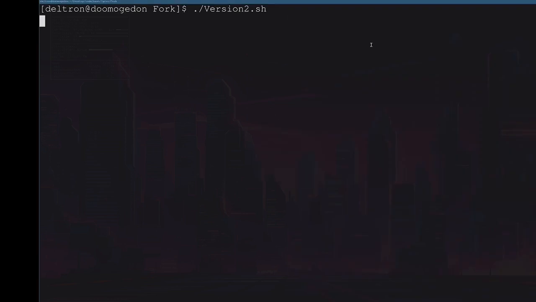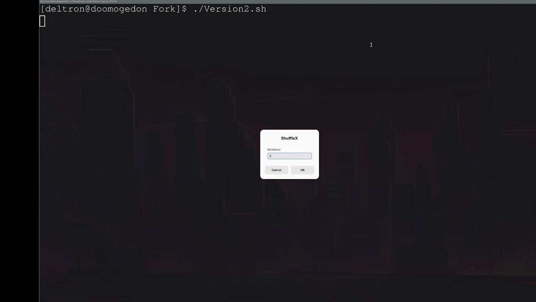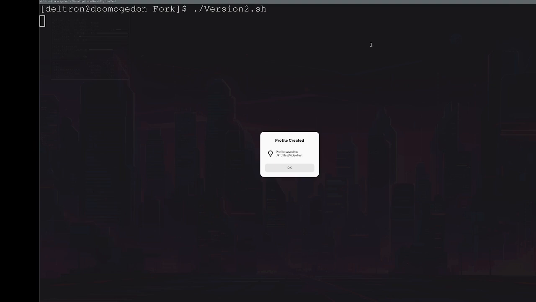And then shuffle it like a deck of cards 3 times. And then, I don't know, Caesar shift 16 it. And then I'll hit finish profile, and it saved it to video test.